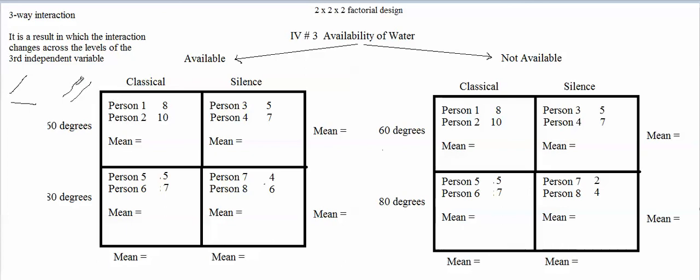The lines are parallel. So the interaction is changing across the two levels of IV3, available and not available.